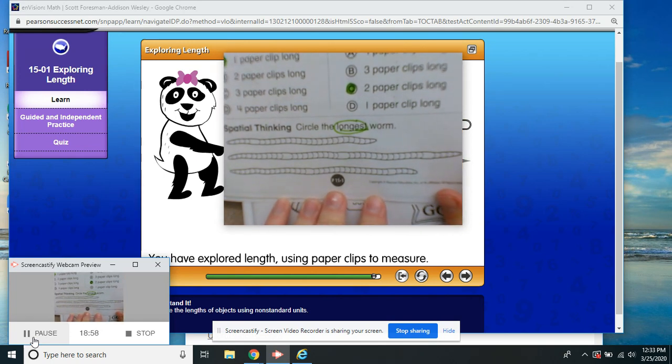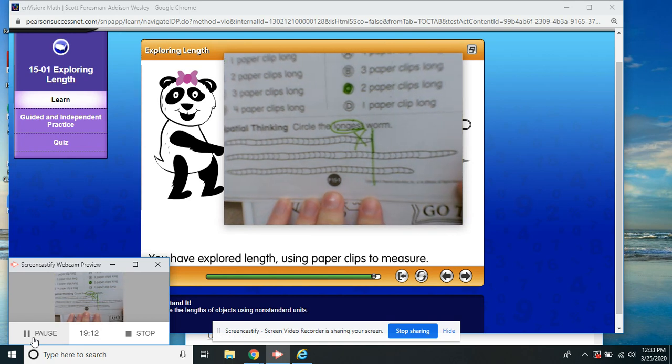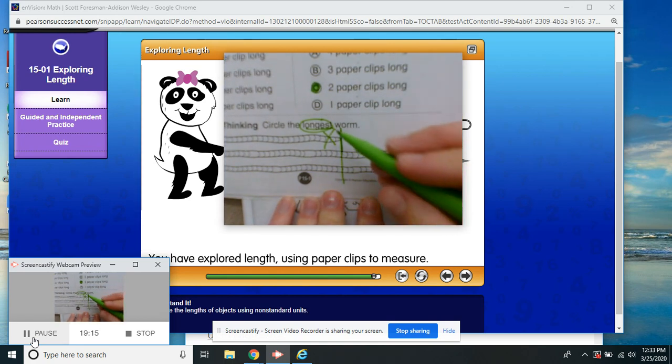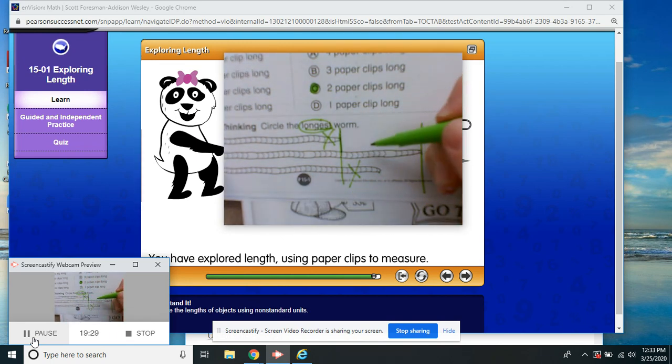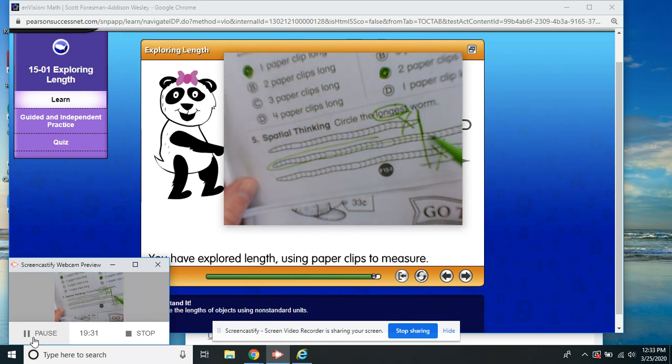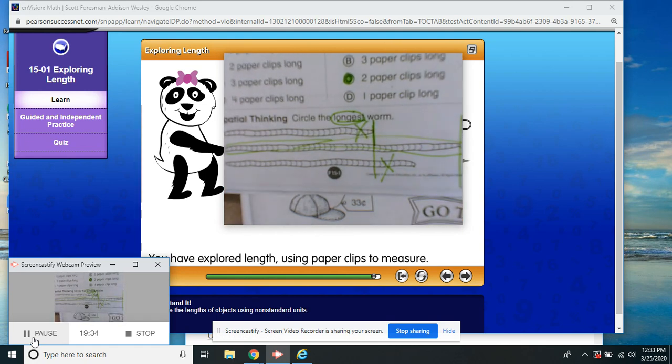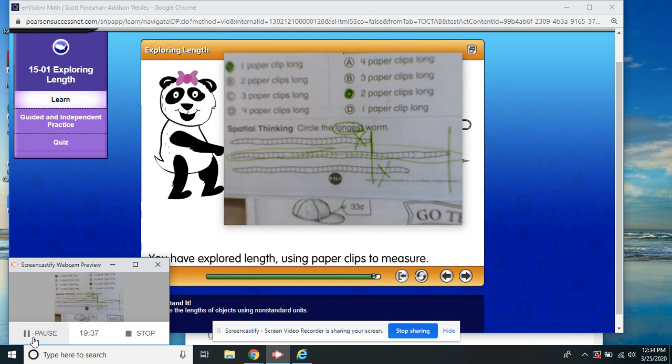If it is difficult to see which is the longest worm, you can draw a line at the end of the worm. I see that there are other worms that are longer than this one, so it is not our first option. Let's look at the 2 other worms. The second one, he goes all the way down here. Now, does the last worm or the third worm go that far? No, he does not. So he is not as long as the middle worm. So the second worm is indeed the longest worm out of all 3.